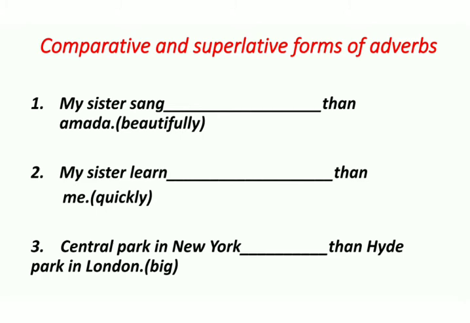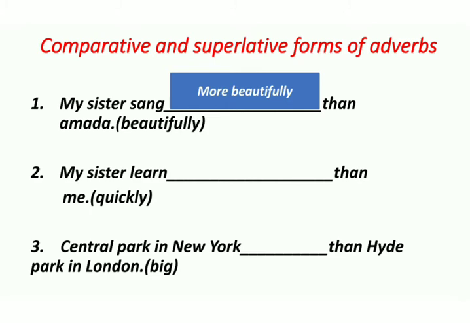Now Soumya, you tell me. Very good. My sister sang more beautifully than Amada. So here the word beautifully is the adverb, and we have added more with the adverb, and it became comparative, and it modifies the verb sang.